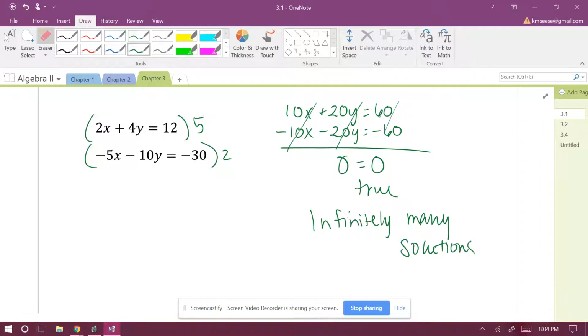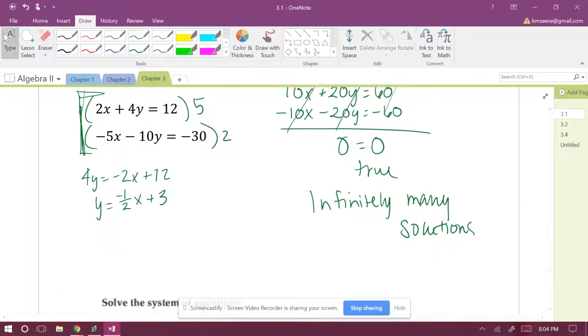Because looking at the original two equations, if I were to solve that first one for y, I have 4y equals negative 2x plus 12, so y equals negative 1/2 x plus 3. If I were to solve the second equation, I'd have negative 10y equals 5x minus 30.